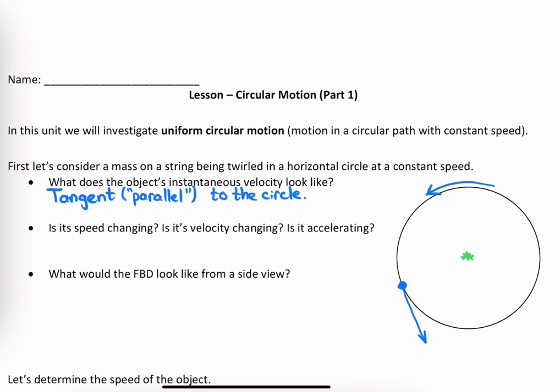And if I draw a line from the center of the circle to where my object is, that line is the radius of the circle. And you'll notice that between the radius of the circle and my velocity is a right angle. So another way to describe the velocity is we can say it's tangent to the circle, or we can say it's perpendicular to the radius.